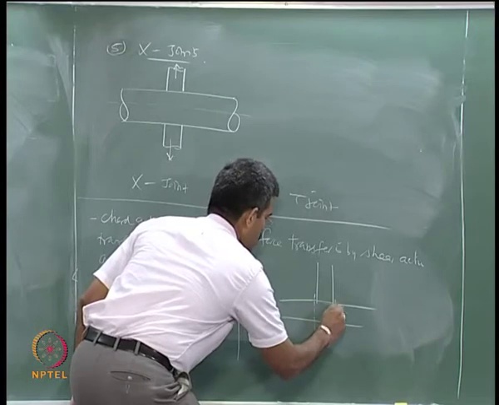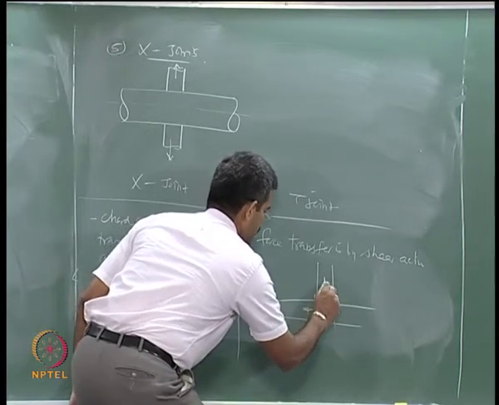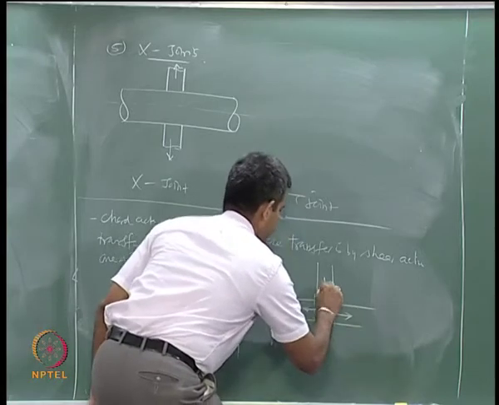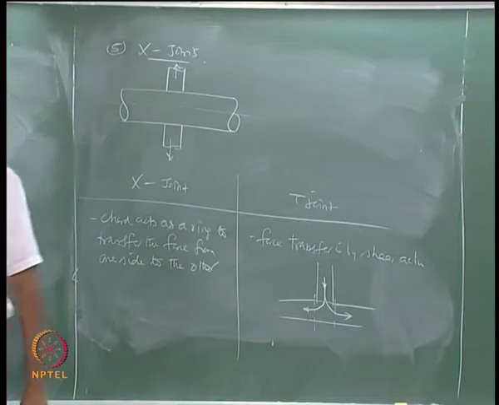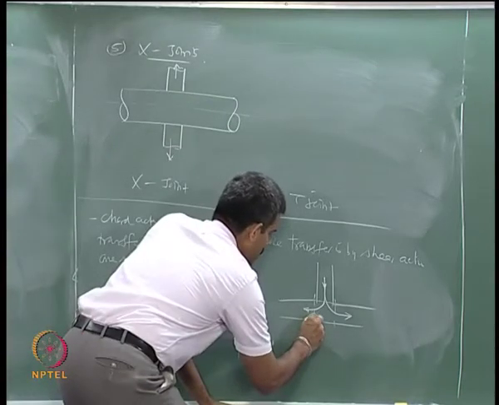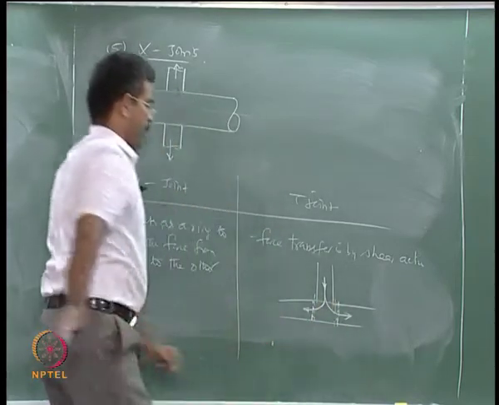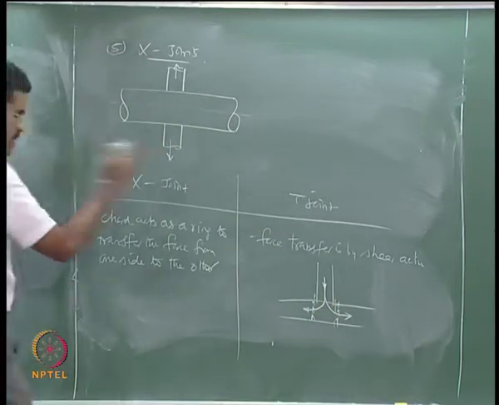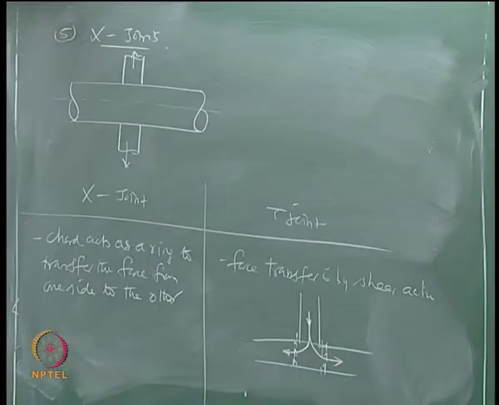So it shears off the moment it comes, it transfers here. Here the force transfer is by shear action. So there is a resistance offered in both sides of the cord. So that is the fundamental difference between an X joint and a T joint in behavior.